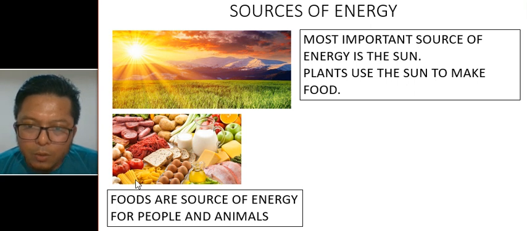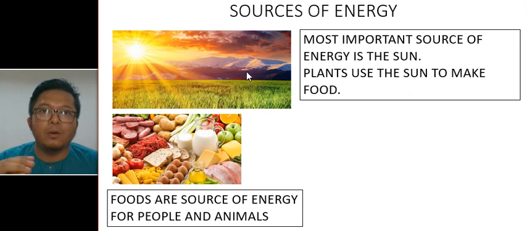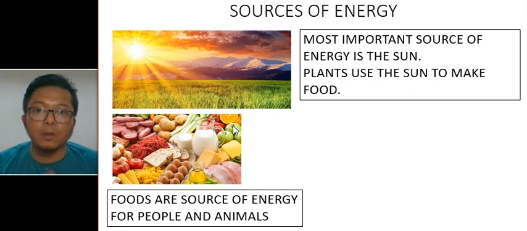Oranges. This type of food comes from plants. Plants make food from the sun. The sun gives energy to make food, and extra food they put inside fruits or maybe potatoes.